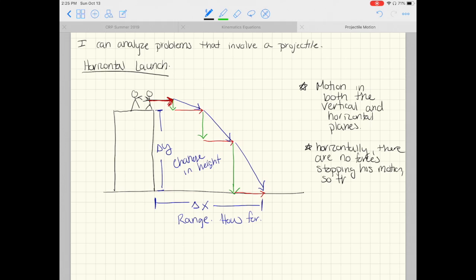So the object moves with a constant speed. Vertically, however, the object accelerates due to gravity.